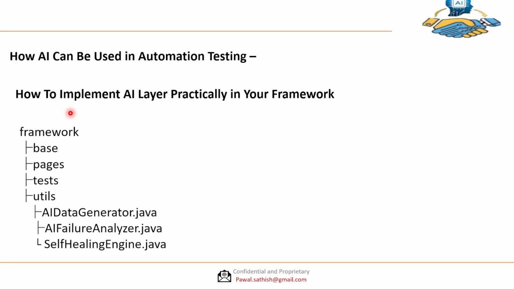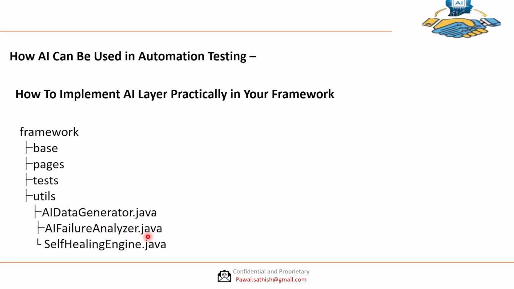Then, how to implement the AI layer in our framework. Suppose this is our framework: a base class, page class, test class, and utils class. Under utils, we'll create different classes, like an AI data generator if we need to use test data in our framework.